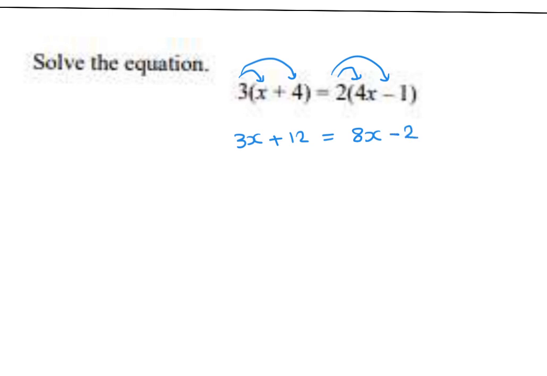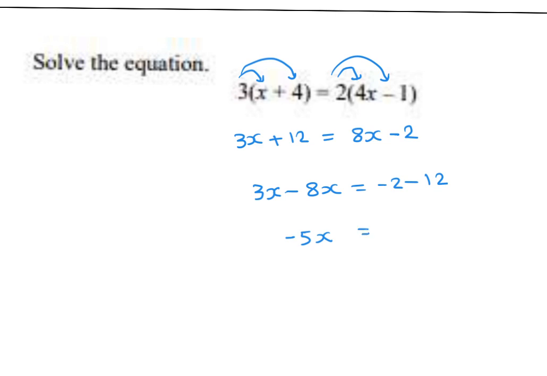Now we have x on both sides, so put x on one side. Transfer 8x by negative to the other side and 12 by negative to the right side. So 3x minus 8x equals negative 2 minus 12. 3x minus 8x equals negative 5x.